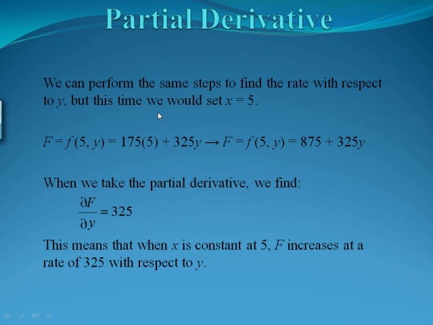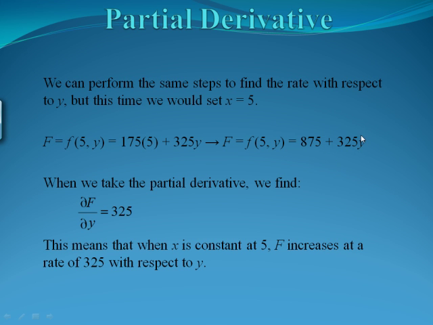We can perform the same steps to find the rate with respect to y, but this time let's set x equal to 5. So now again, if we plug in a 5 for x, we get 175 times 5 plus 325 times y. That turns our function into 875 plus 325y.